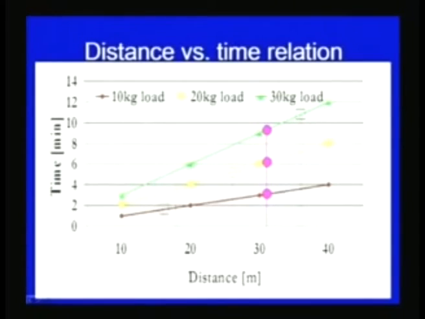So, if the time required for covering a given distance for a person with different loads is known instead of 10, 20 or 30 kg, say if he has to carry a 25 kg load, then the time required can be calculated from the relationship between the time required and the increase in load for covering a given distance. Here in all these cases a straight line relationship exists.